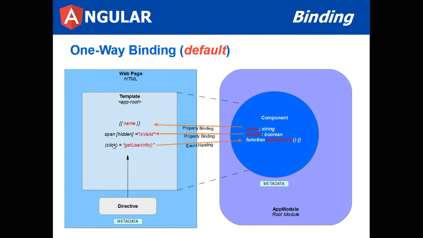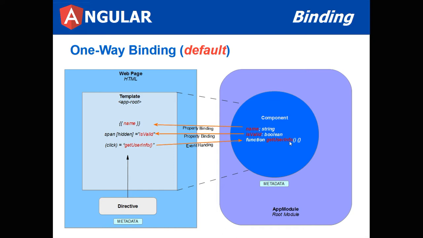When a button is clicked and the click event occurs in this template, the left paren and right paren have bound the event to a getUserInfo function in the component. And that relationship goes from template to component.